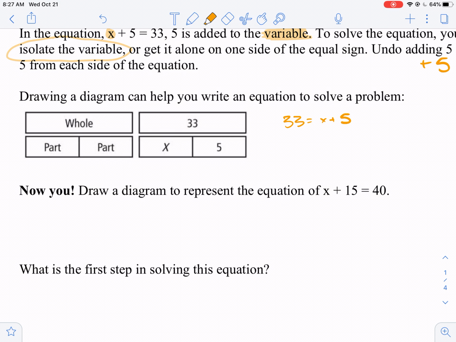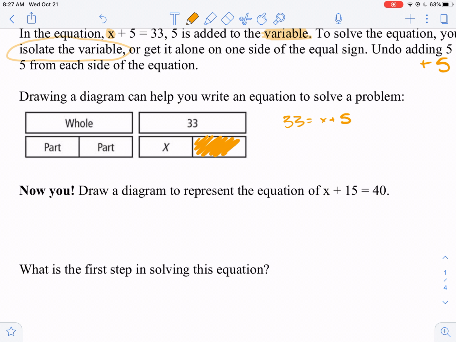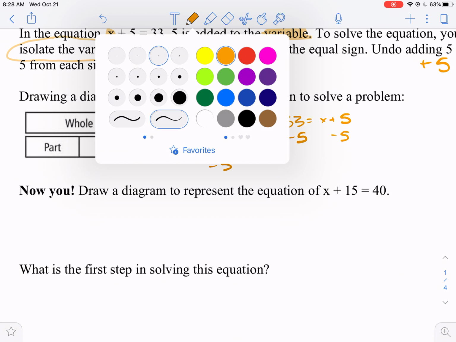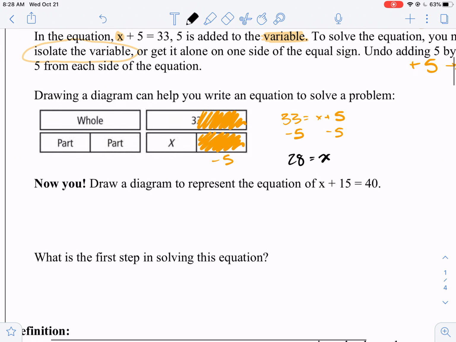What we're going to do is take away this 5. We're going to subtract 5, but we also need to subtract 5 up here to find out what x is. So we subtract 5 on both sides. 33 minus 5 is 28. So we get that 28 is x. So there you go. All right.